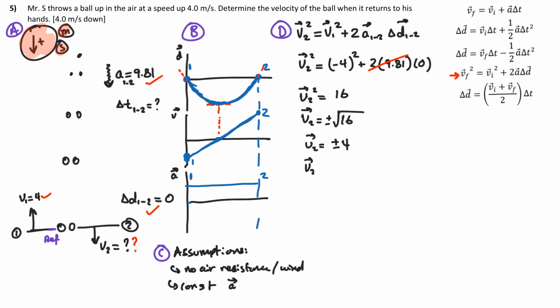So v2 is equal to 4 meters per second, and in this case down is my positive sign convention, so I'll use that. In picking positive or negative, you have to use the idea that when it comes down, for sure it's going down, so I have to use the positive down for my final answer.